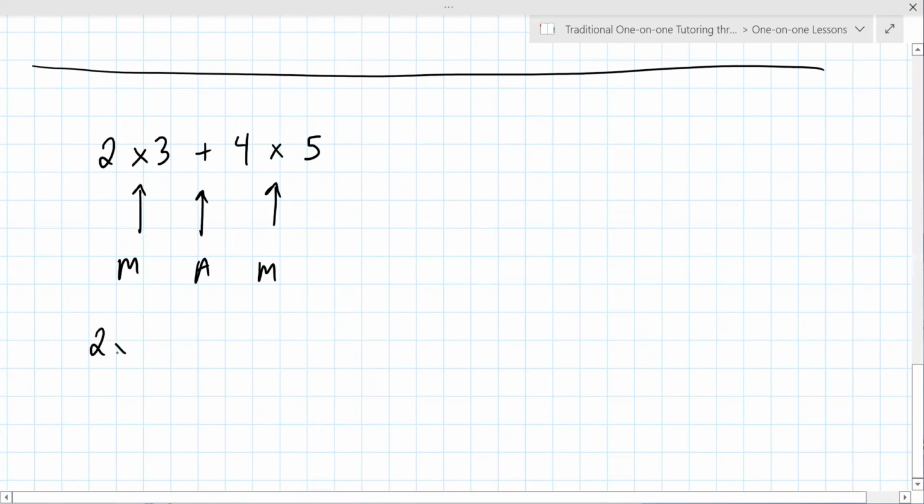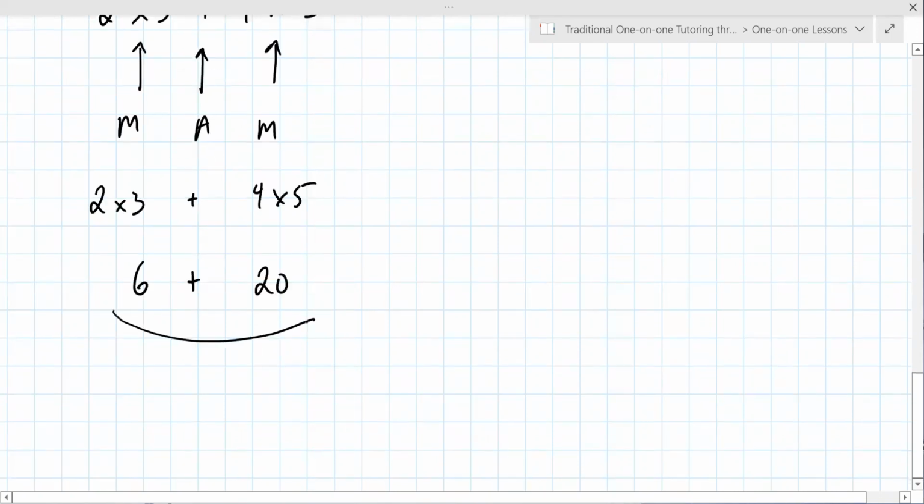So you got to start with 2 times 3, 6, and then 4 times 5, 20. And then you add the numbers together. 6 plus 20, 26.